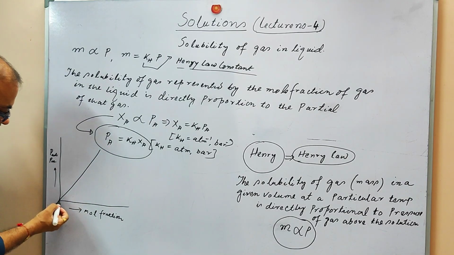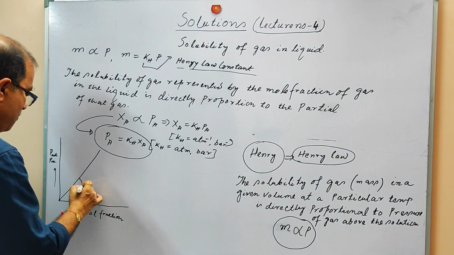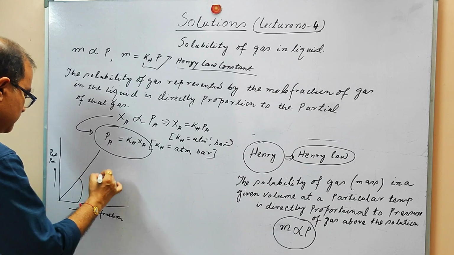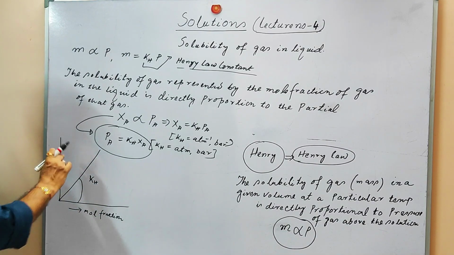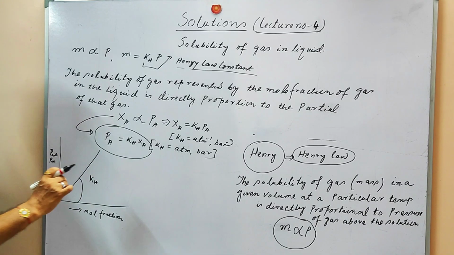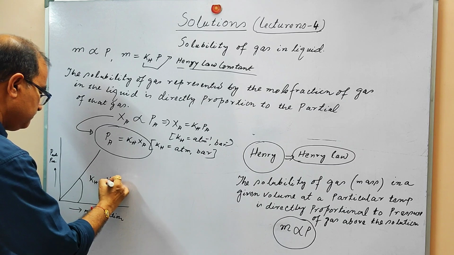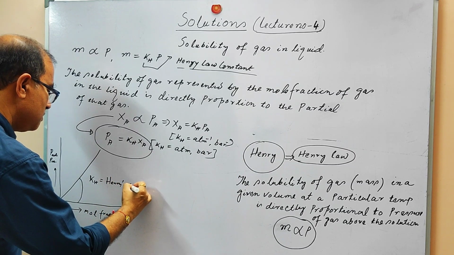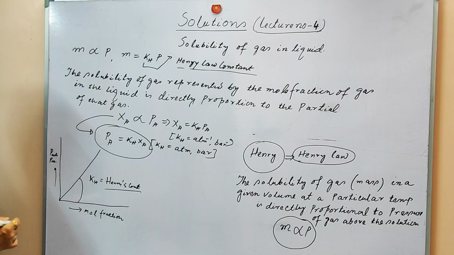This is a straight line passing through the origin, and the slope of this line is KH, meaning Henry's constant. So this is a straight line whose slope is equal to KH, that is Henry's constant, or you can say Henry's law constant.